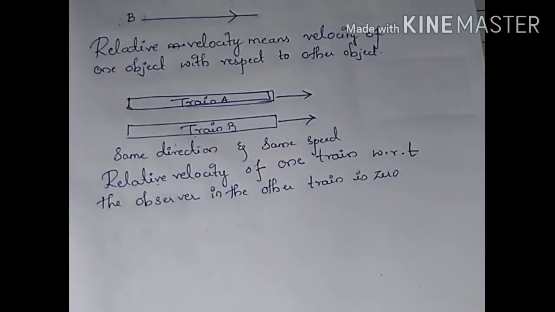It is 0 because both these trains are moving in same direction and they are moving in the same speed. So if a passenger in train A observes train B, then this train B for him appears as if it is not moving.